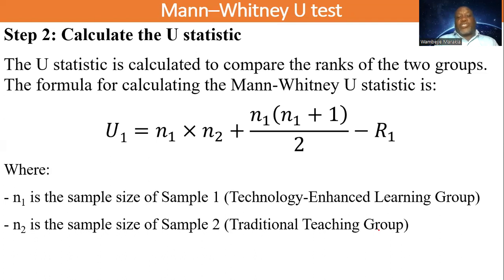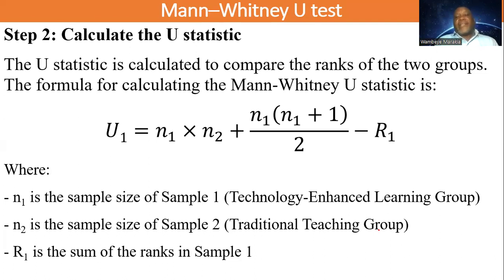That is the traditional teaching group, the group that sat the achievement test and also participated in the traditional method of teaching mathematics. Then R1 is the sum of the ranks in sample 1.